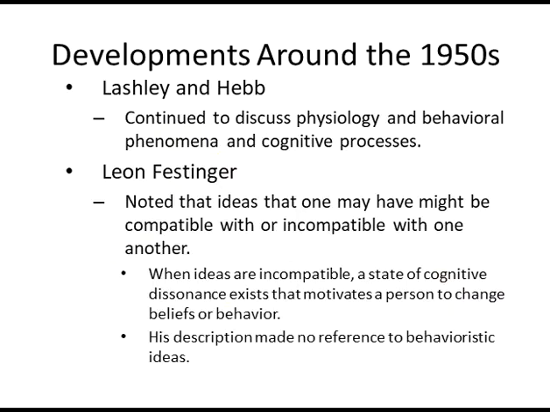Lashley and Hebb continue to discuss physiology and behavioral phenomena in cognitive processes. Leon Festinger noted that ideas one may have might be compatible with or incompatible with another. When ideas are incompatible, a state of cognitive dissonance exists that motivates a person to change behaviors and beliefs.